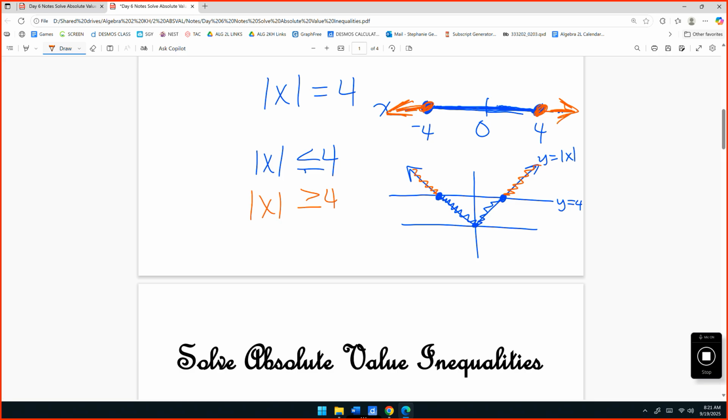So don't these look a lot like compound inequalities? That's why we did what we did on Monday, because now it's going to come back. Every time I have an absolute value inequality, it's going to look like a compound inequality, whether it's going to be the endpoints outward or the endpoints inward, okay?